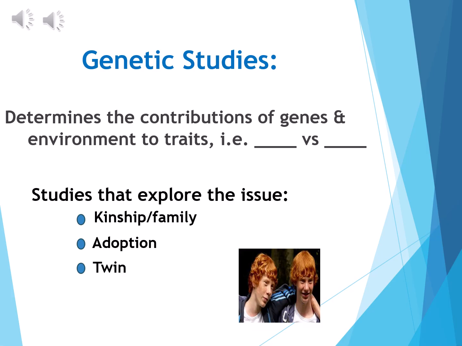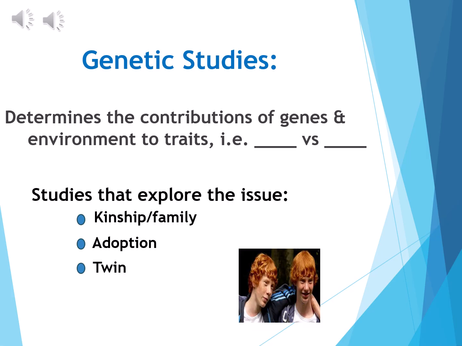There are three main studies that explore the nature versus nurture contribution to characteristics. One is the kinship, sometimes called family study. This is when we look to see if we can find family lines in which that trait runs in many, many generations of the family, if it's being passed down.